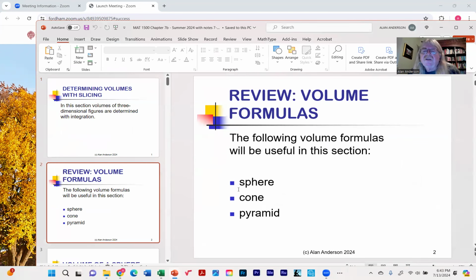All right, so we're going to look at some basic forms that you've seen before: spheres, cones, and pyramids. These are all three-dimensional objects. And so in order to generate them, we need to rotate a basic two-dimensional shape, like a rectangle, around one of the axes.